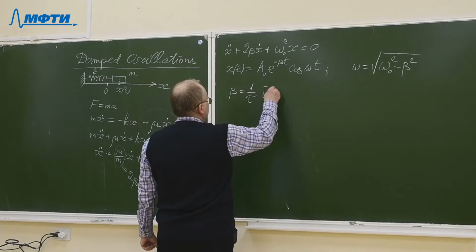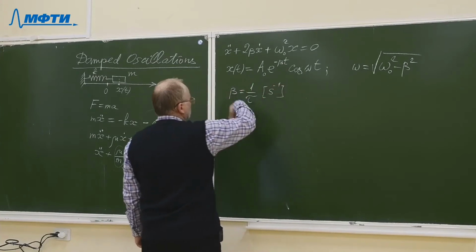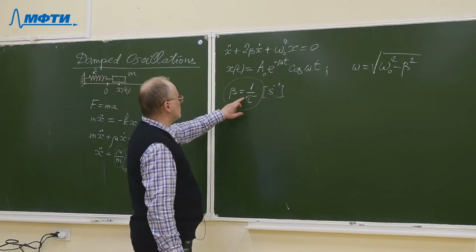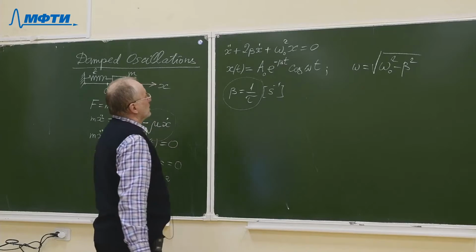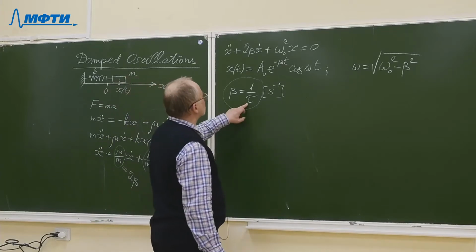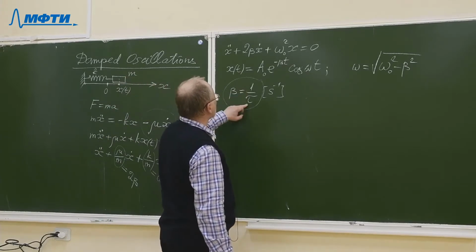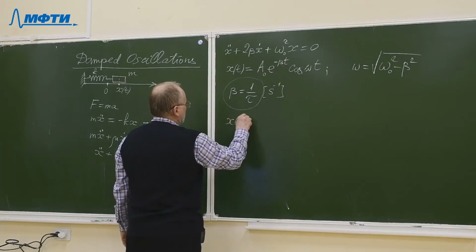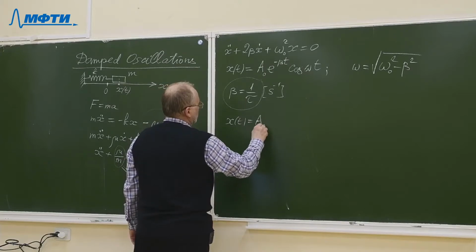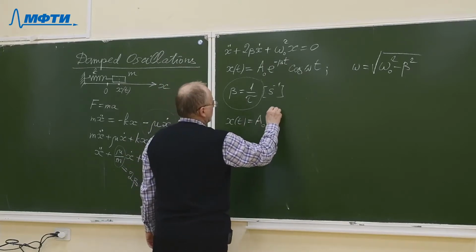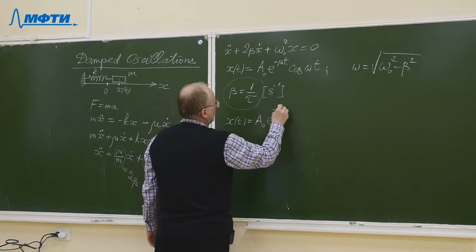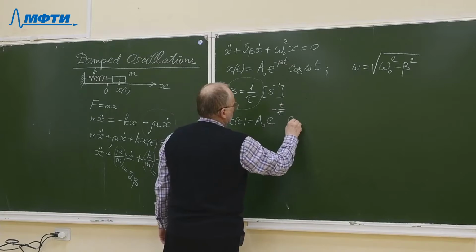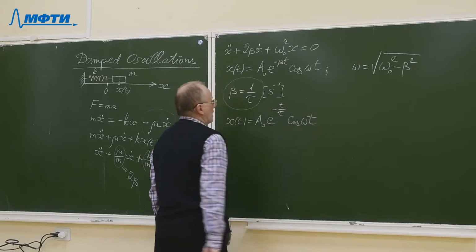So based on this units of measurement, we introduce a new quantity tau. And now the physical sense of beta is clear. If beta equals 1 over tau, then this solution becomes initial amplitude A0 exponent of minus t divided by tau cosine omega t.